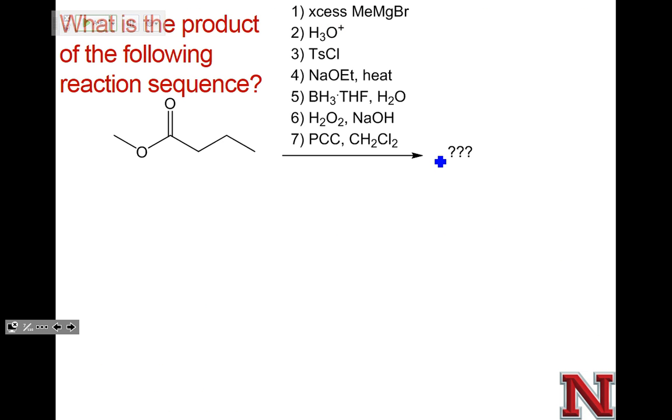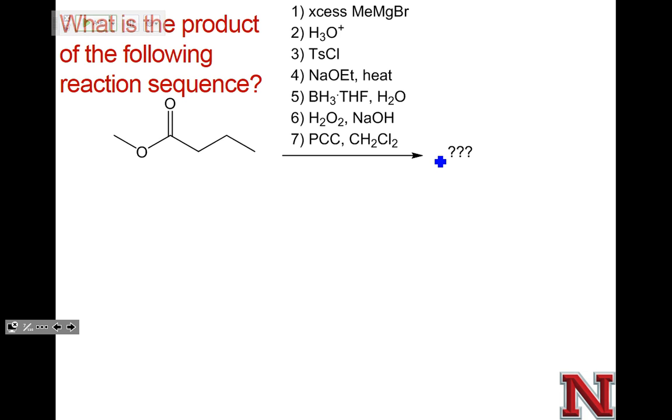And if we look at this one I asked you last time as well. If you're given one like this and you want to know what the product is, take it one step at a time. Draw your intermediate products. Don't try to do this in your head. That's not necessary. That's how you're going to make mistakes. Draw your intermediate products for each step.